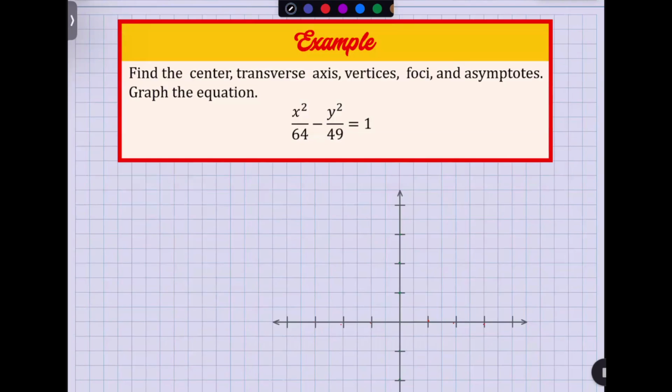So here it goes. So where's my center here? Awesome. Is this opening up left, right, or up, down? Left, right. And the reason why you know it is because of this right here. Oh, come on. Make a box.